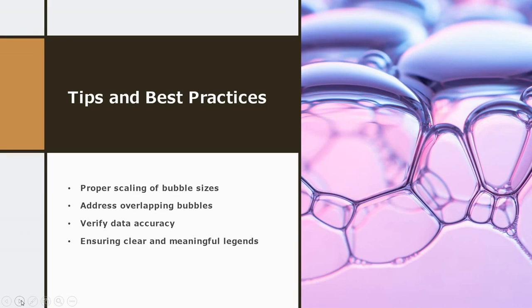Also, addressing the overlapping bubbles is very much necessary, because overlapping bubbles will be difficult to interpret. In one shot, we will not be able to understand the impact of the third variable implied by the bubbles. We need to verify the data accuracy as well.